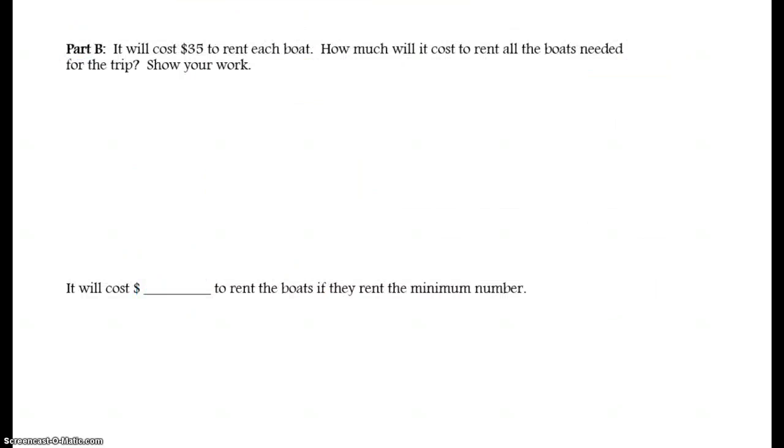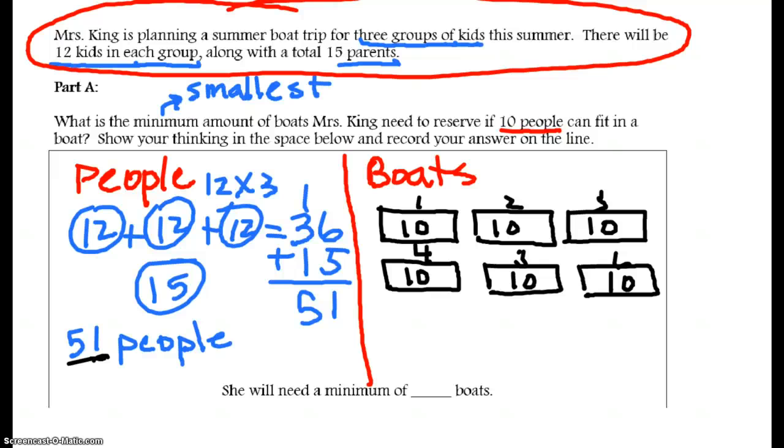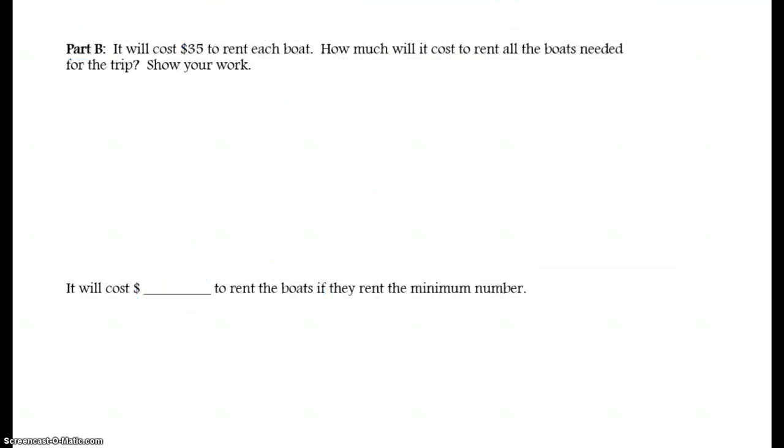Now let's go ahead and look at part B. It says it'll cost $35 to rent each boat. How much will it cost to rent all the boats needed for the trip? We figured out over here just how many boats I needed altogether.